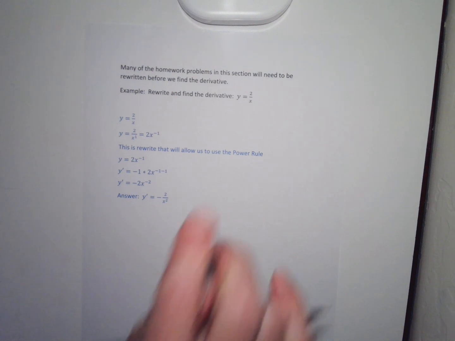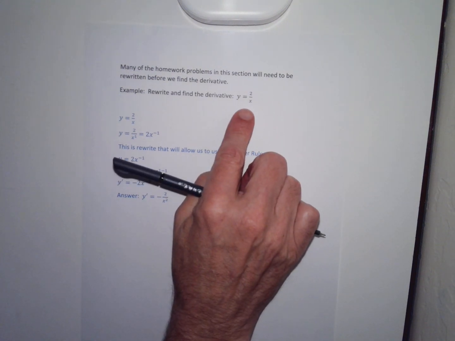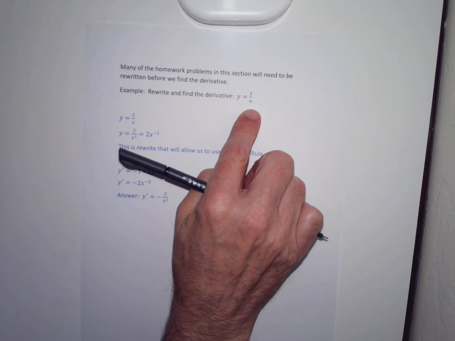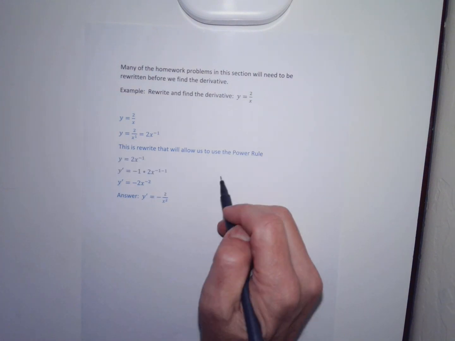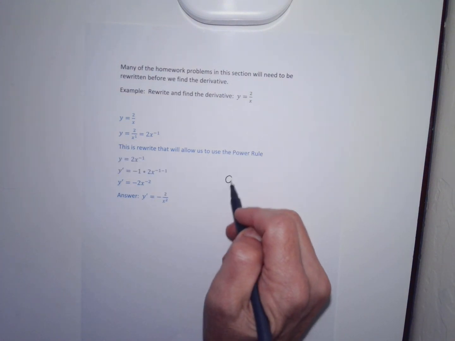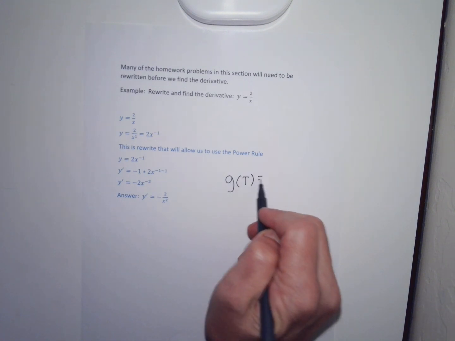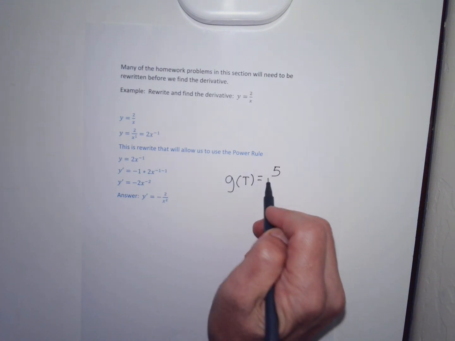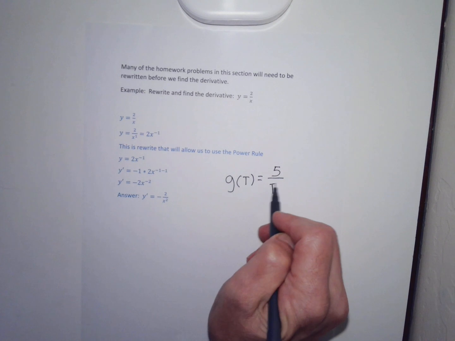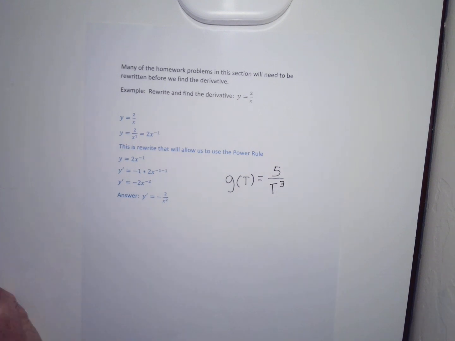And the first trick that we're going to need to learn is if we have a number over x to some power. Let me just do a different example. If I gave you something like this, g of t equals 5 over t to the third power, if I wanted to take the derivative of this, it's not set up for the power rule.